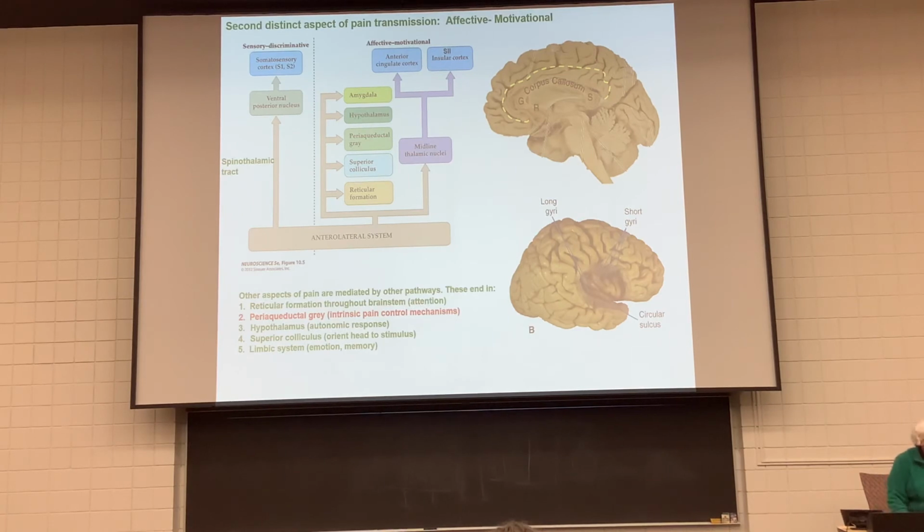And here's kind of our insula, and there's also input to this anterior part of the cingulate lobe. I'll talk about that more when we do the limbic system. So it does get to the cortex, just not to the primary sensory cortex. And we call this pathway the affective motivational pathway. So I do want you to know the difference between discriminative and affective motivational.